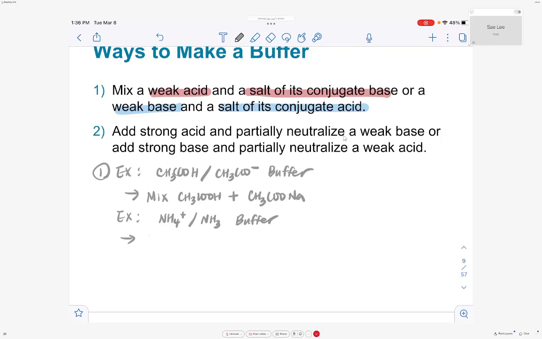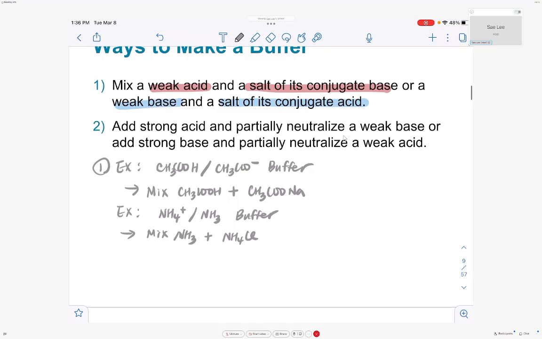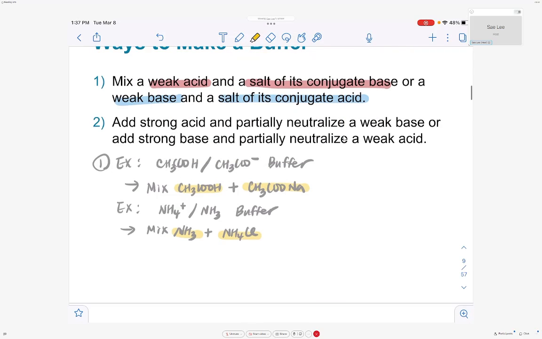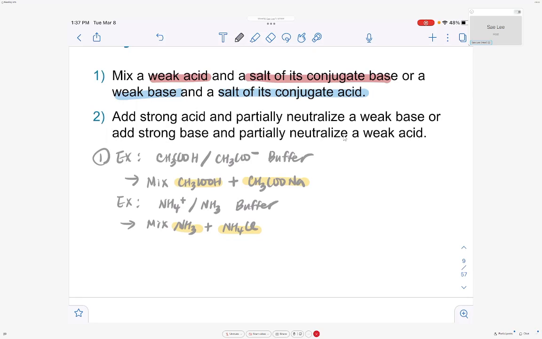In order to prepare this, you're going to mix ammonia and ammonium chloride. You're going to mix these two to create the buffer solution.